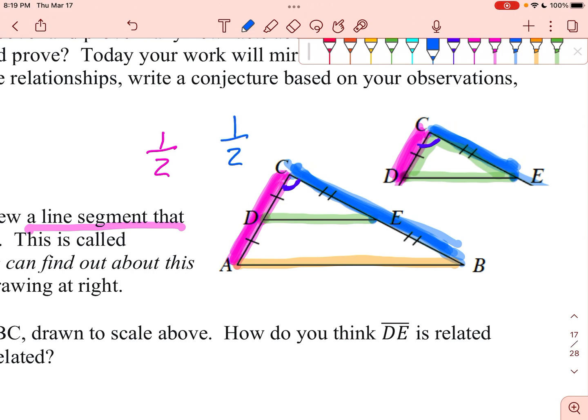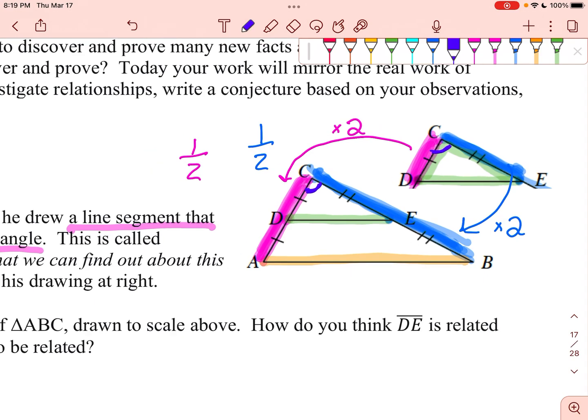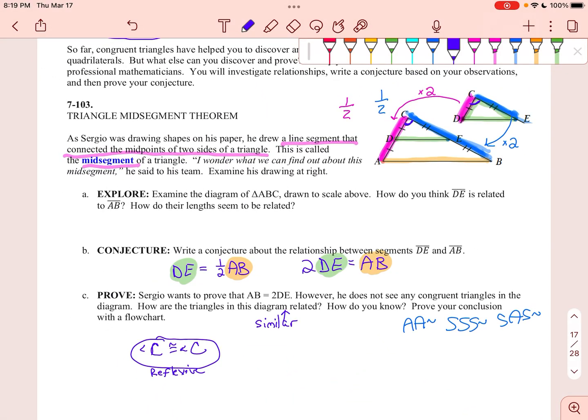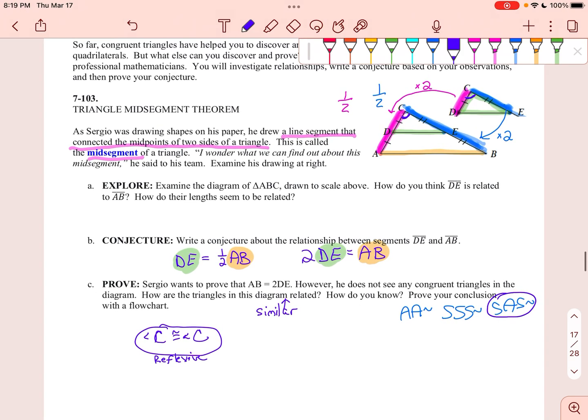Again, that's a 1-to-2 ratio. In other words, I have to take the smaller blue side and multiply it by 2 to get to the larger blue side, and I have to take the smaller pink side and multiply it by 2 to get the larger pink side. That means that the scale factor is the same, meaning that I have two pairs of sides that are proportionate. Therefore, I'm going to say that this is side angle side similarity.